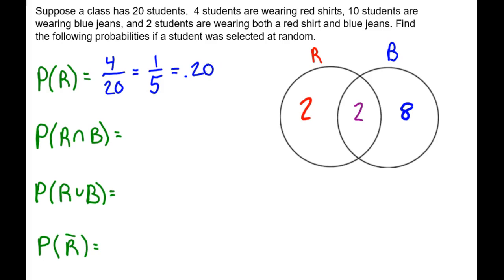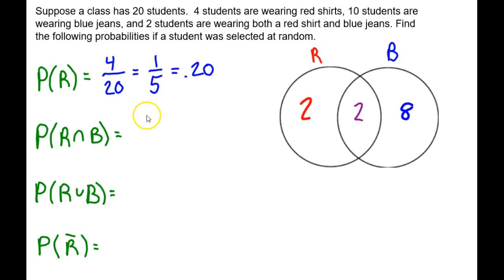Now we want to find the probability of R intersection with B. So this means we want to find the probability of selecting a student that has on a red shirt and blue jeans. So we were told in our problem 2 students are wearing both a red shirt and blue jeans.